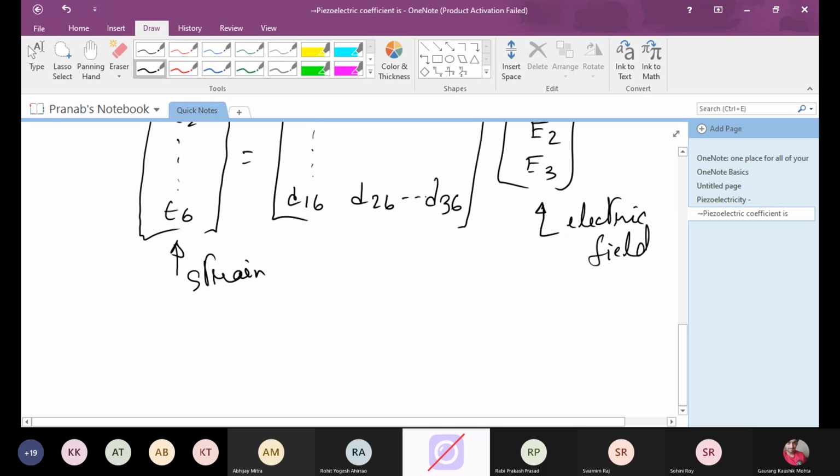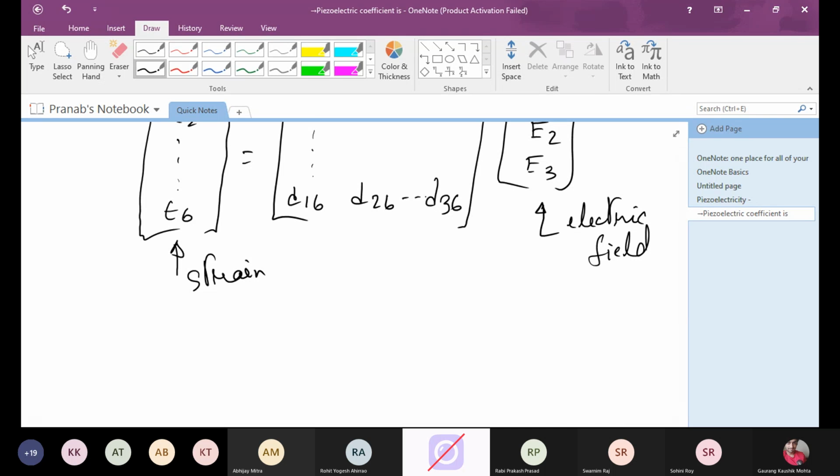Now, generally, luckily for many materials, most of the D's are 0. Okay, there are only 5, 6 D piezoelectric coefficients of that 6 into 3, 18 elements.